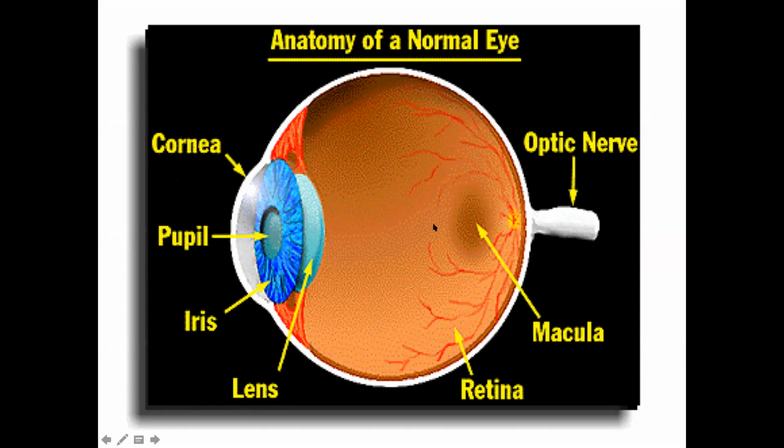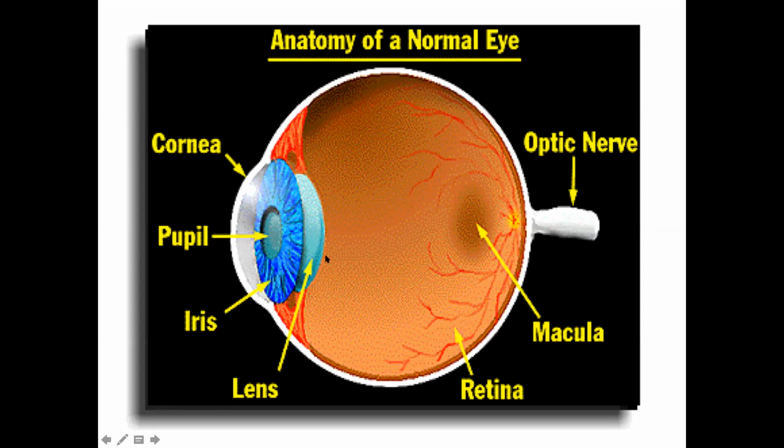And then the image falls into the back part of the eye, where the retina lines the inner surface of the globe. You see the white part of the eye, which we'll refer to, that's the sclera. And then the optic nerve is really the tip of the brain, which brings the image to the brain for interpretation.